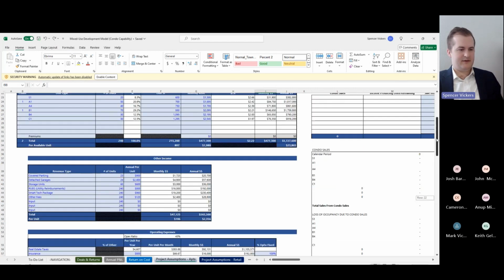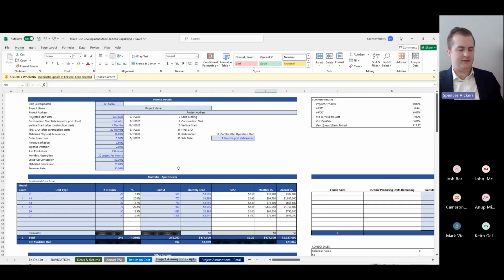So going through the project assumptions on the apartment tab, high level, you've got the date that you last updated it, the name of the project, project address. These are timing assumption items. So when you're going to start the project, when you're going to start construction after you've closed on the land, when you're going to start going vertical, the final certificate of occupancy.